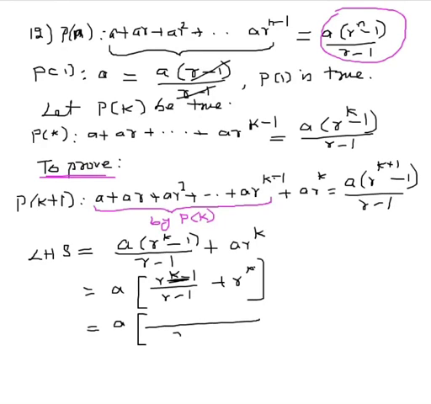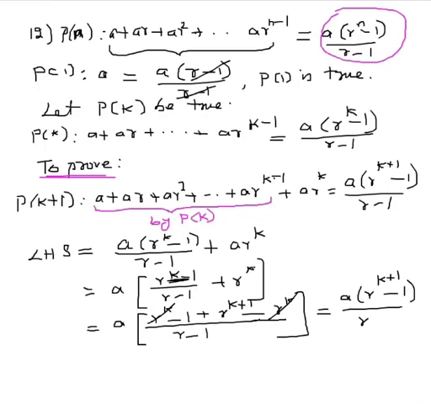LCM is r minus 1. We get r power k minus 1 plus, we have to multiply. R into r power k is r power k plus 1 and minus 1 into r power k. These two terms are getting cancelled. A times r power k plus 1 minus 1 divided by r minus 1.